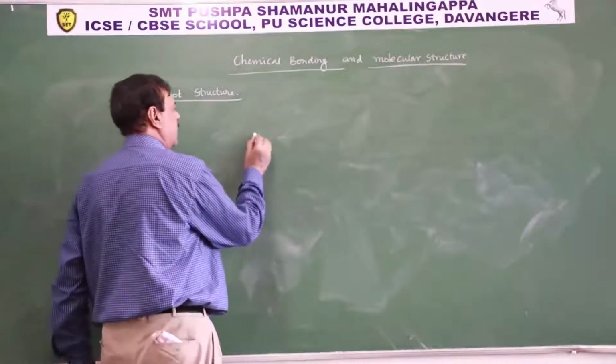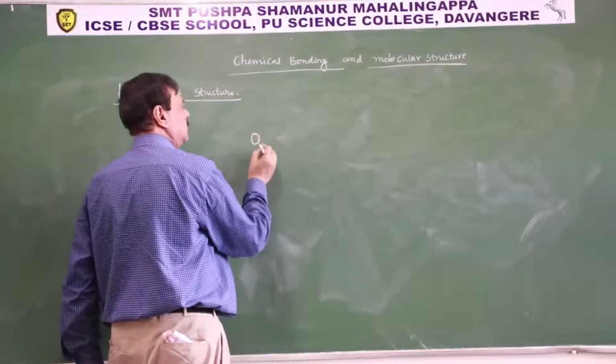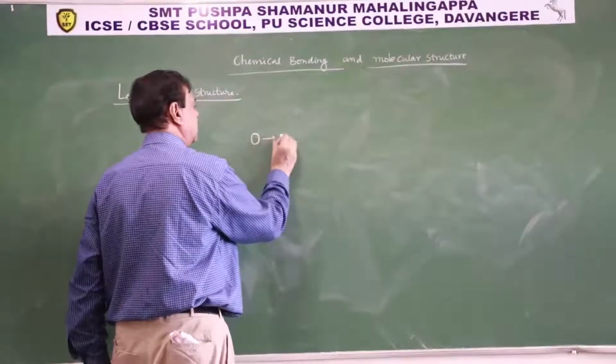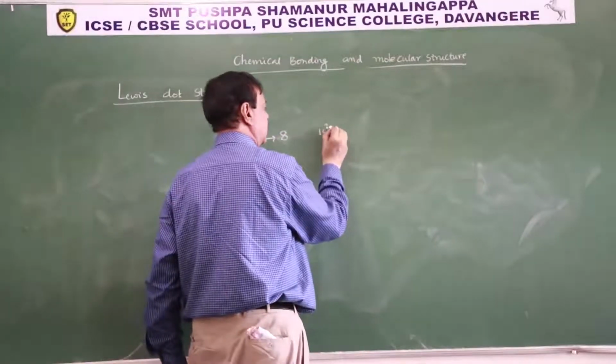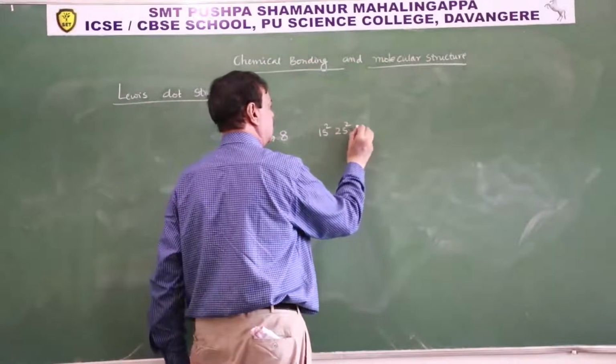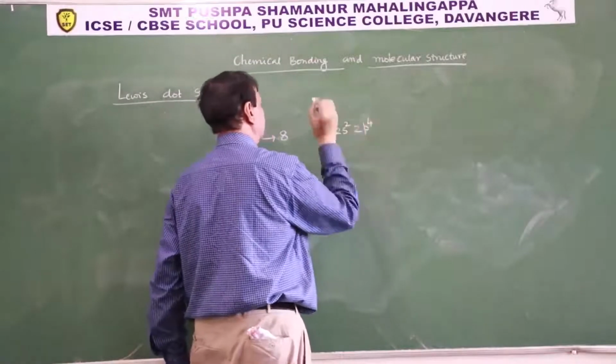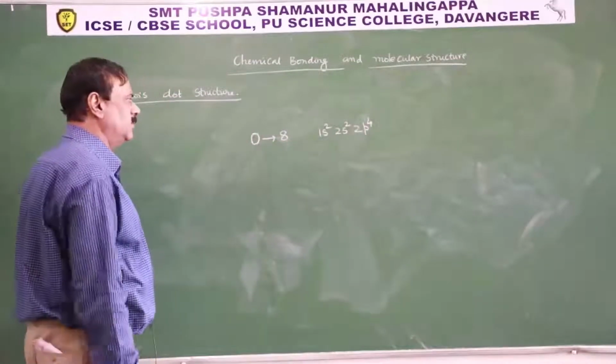Suppose oxygen, atomic number 8, its electronic configuration is 1s2, 2s2, 2p4.